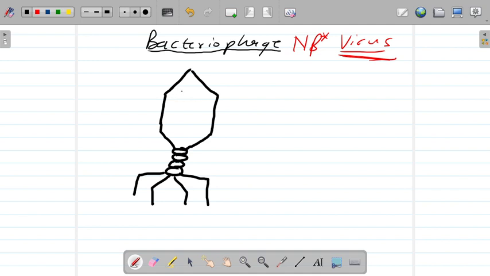Now inside that, it will have these. So let's quickly label it. So all of this will be the head. That is the head of a bacteriophage, a virus.